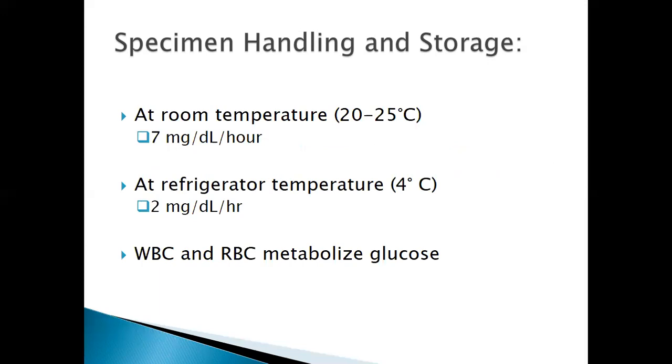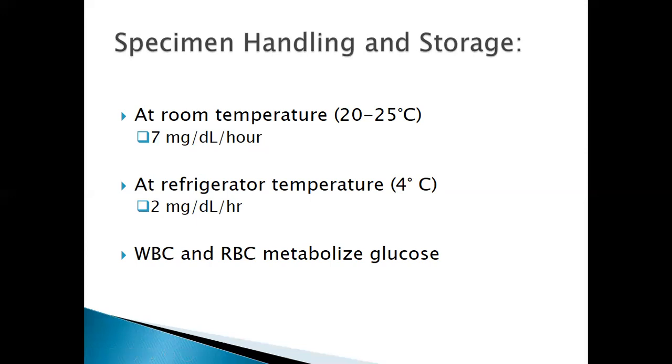Now, any delay in the analysis of glucose specimens, and I'm actually talking about glucose determination in general, not just in OGTT determination, would cause a decrease of 7 milligrams per dL per hour from the original level contained in the patient sample.